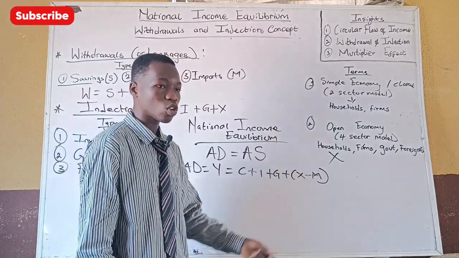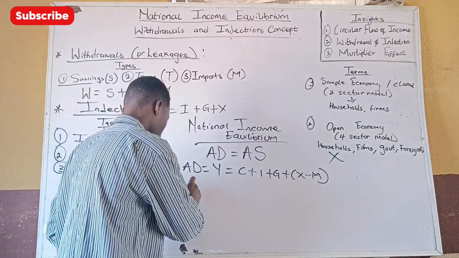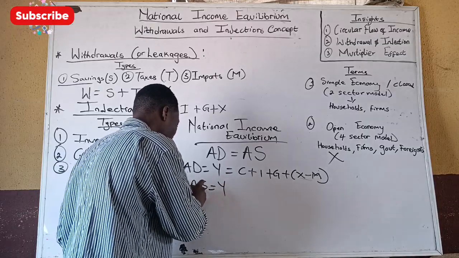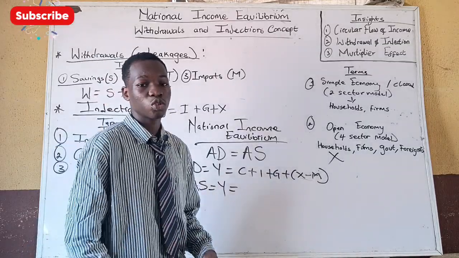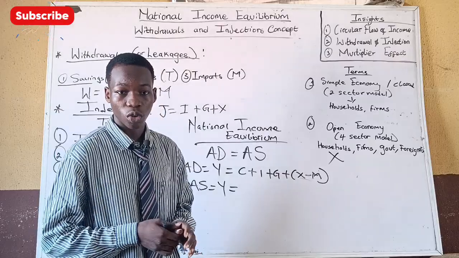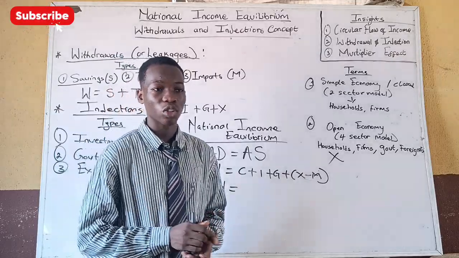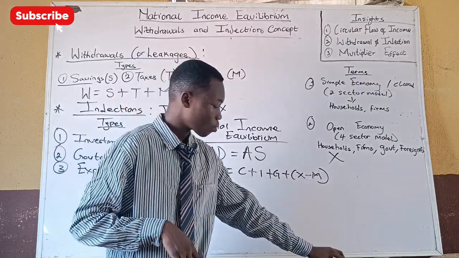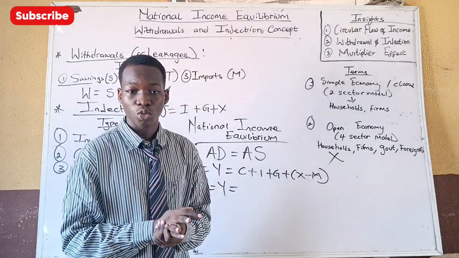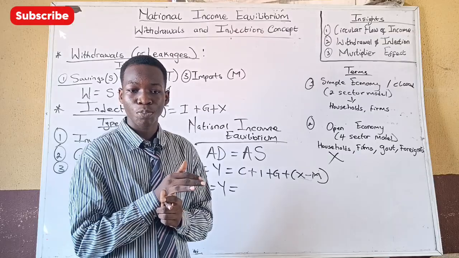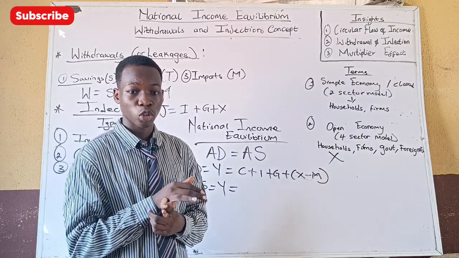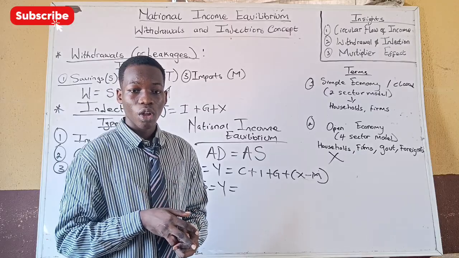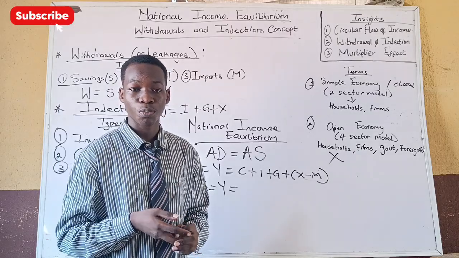Now the aggregate supply, which is the aggregate output, is also equal to the national income when we calculate it using the income method. The formula for the income method is that your income is made up of three things. When you have any amount with you, you either spend it on goods, that is consumption, or you save it, or part of that income is used to pay tax.